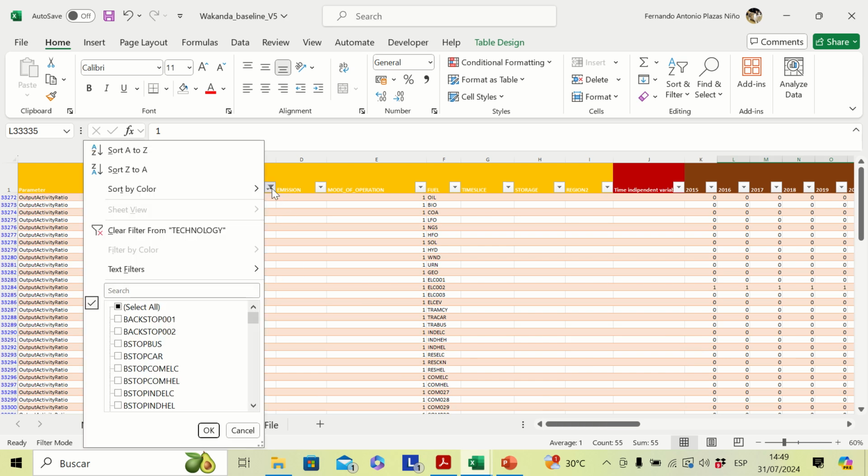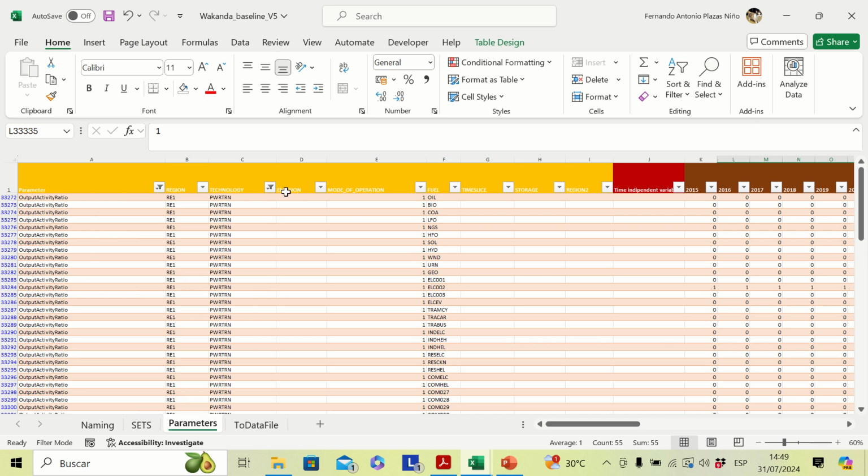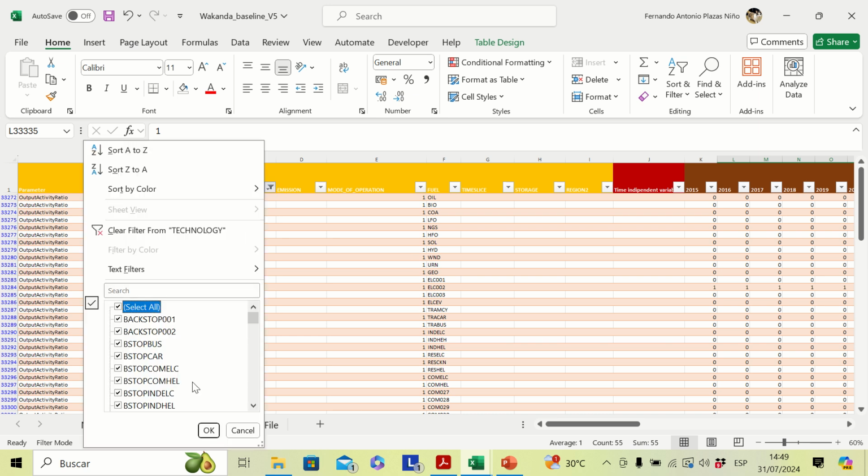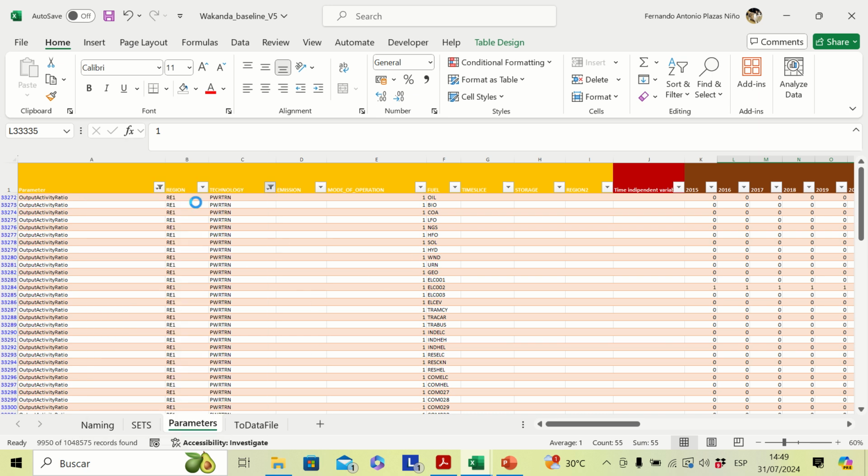But first of all, let's remove this filter for the technology, and now we're going to calibrate the demands. Let's remember that when we don't have any intra-year resolution, as was the case of the electricity demands, we don't need to use the specified annual demand or the specified demand profile, but instead we need to use the accumulated annual demand.